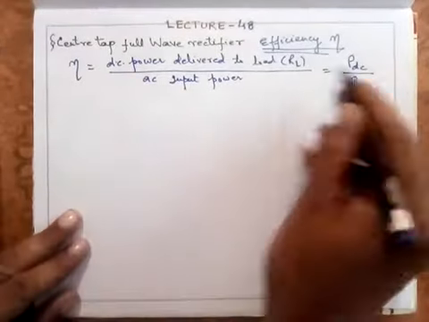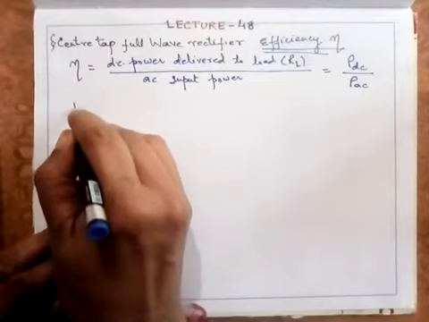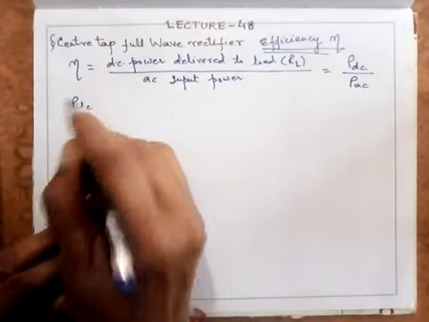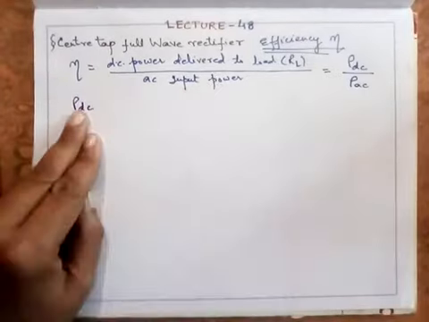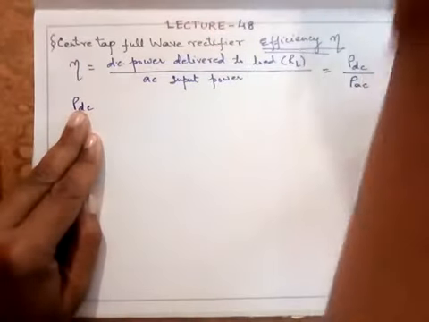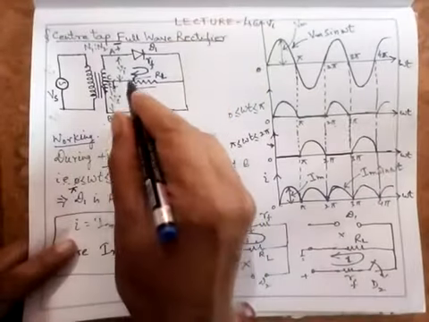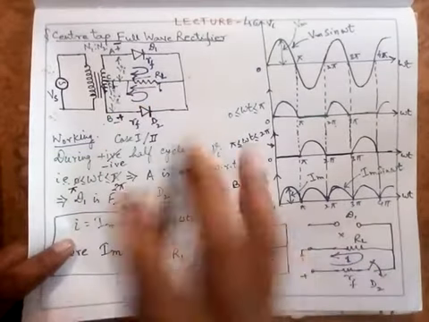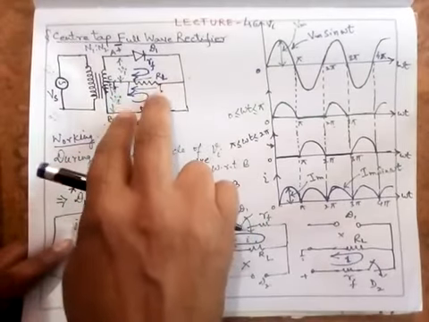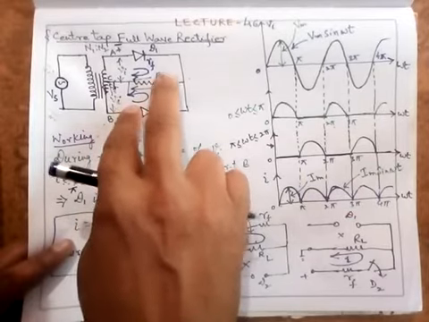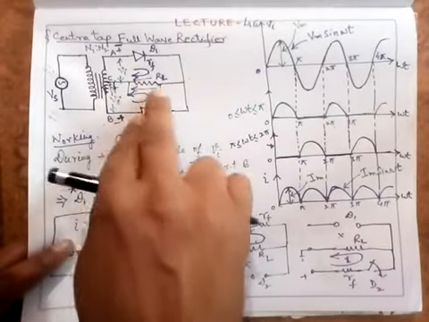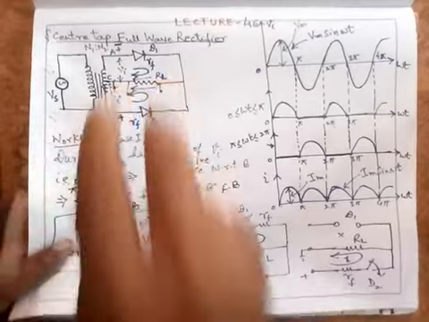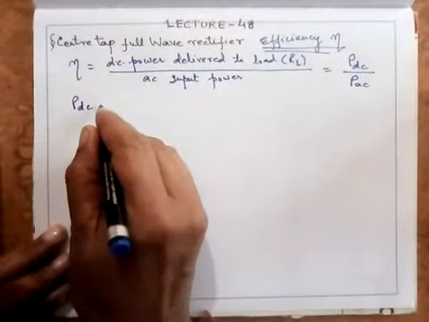Now let's find out the value of this PDC. This DC power is across this load. I am interested in the power across this load resistance RL, and the current flowing here, of course I'll find it if I apply an ammeter or a DC wattmeter between this point and this point. I assume a DC current, so it will be IDC square into RL.